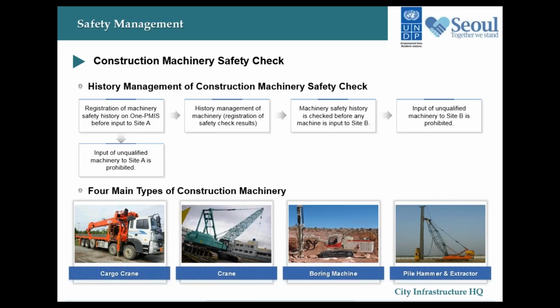They also require the contractors and the supervisors to rigorously manage the safety check history for each construction machine throughout its life cycle. So with this menu, Seoul's one PMIS is now establishing a useful online database for construction machinery, which shows the patterns of their use, as well as key vulnerabilities and checkpoints per type of machinery.